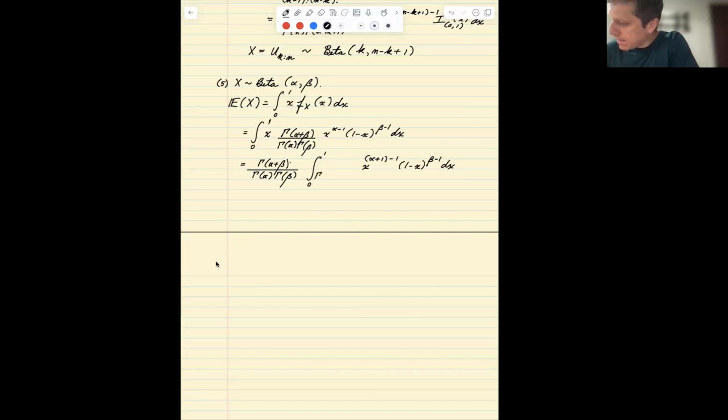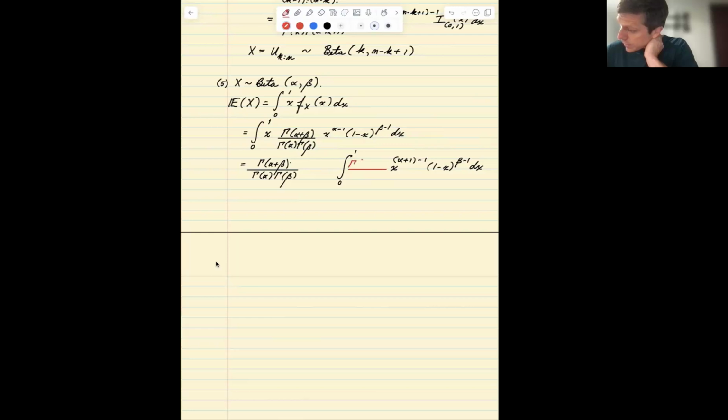So in order to make that work, what do we need to happen? Well, we need to multiply by the normalizing constant.